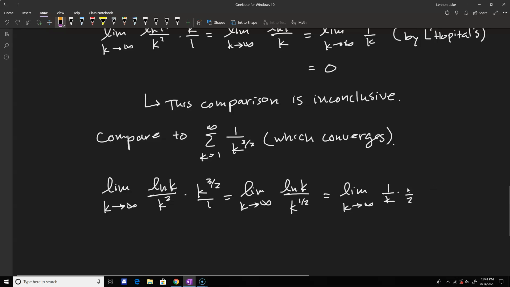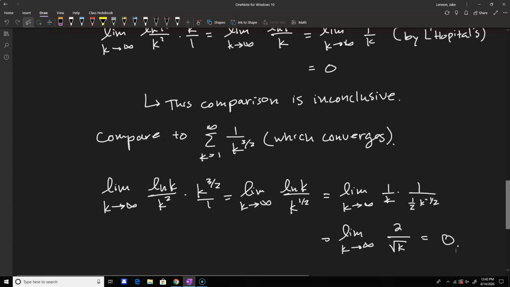So flipping the fractions over and simplifying, what do we get? We end up getting a 2 on top, and then the k to the negative 1/2 would be on top, and so that would actually be 2 over the square root of k, which is going to go to 0 because the bottom is going to infinity.